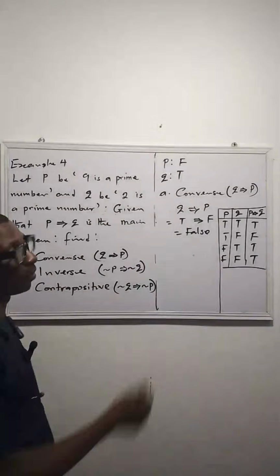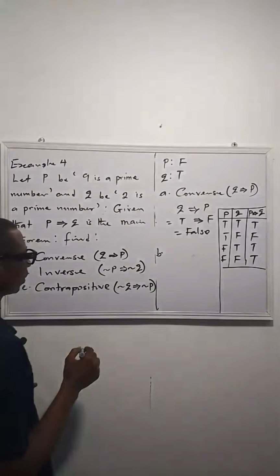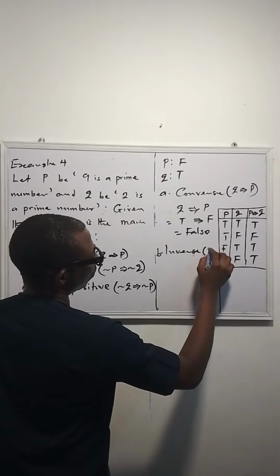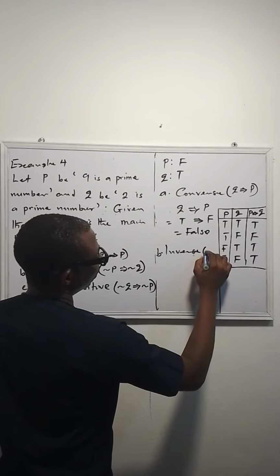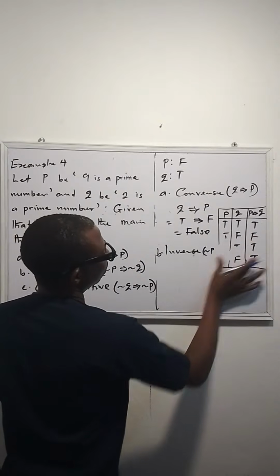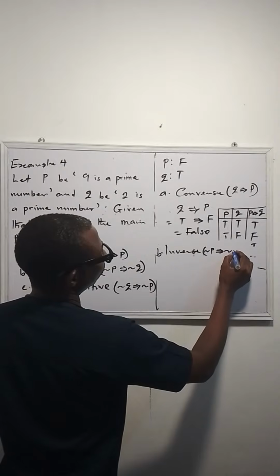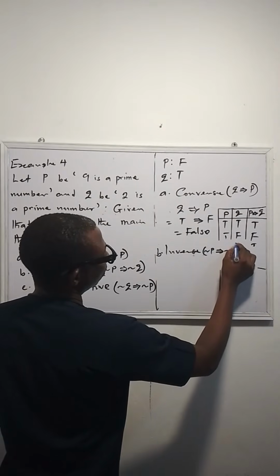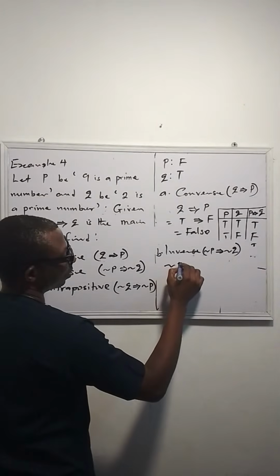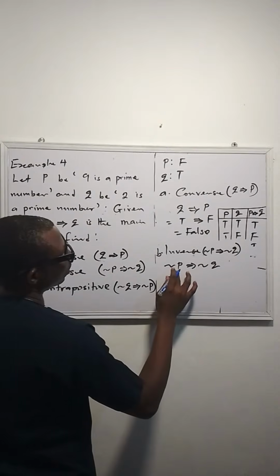Now this is the first part of the question. Let's look at the second part, the inverse. Inverse is what? Negation of P implies negation of Q. So, negation of P, what is P?